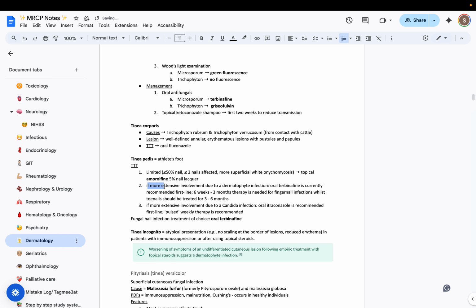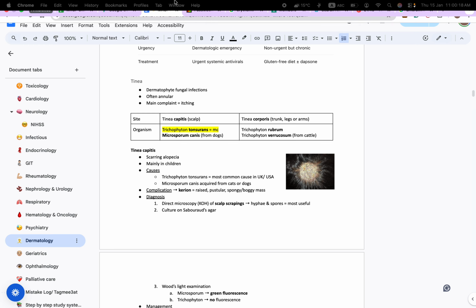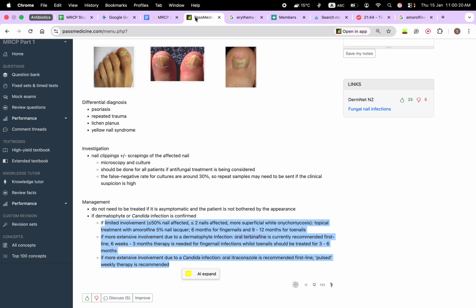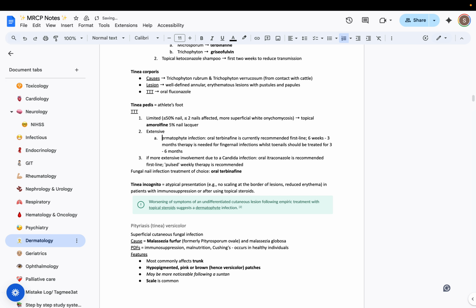More extensive. Due to a dermatophyte. Well, isn't it already caused by dermatophytes? Extensive, then it would be according to the cause. If it's dermatophyte, we give oral terbinafine.